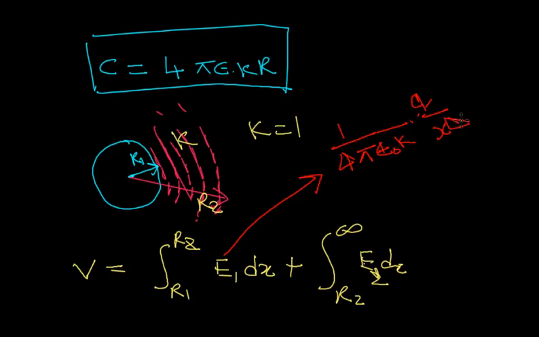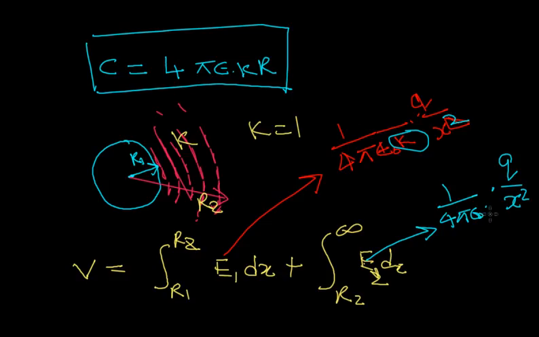And for E2, it is 1 by 4 pi epsilon naught, K is 1 here, Q by x square. The only difference is that here you have K, and here you don't have K because K is 1 in this region.